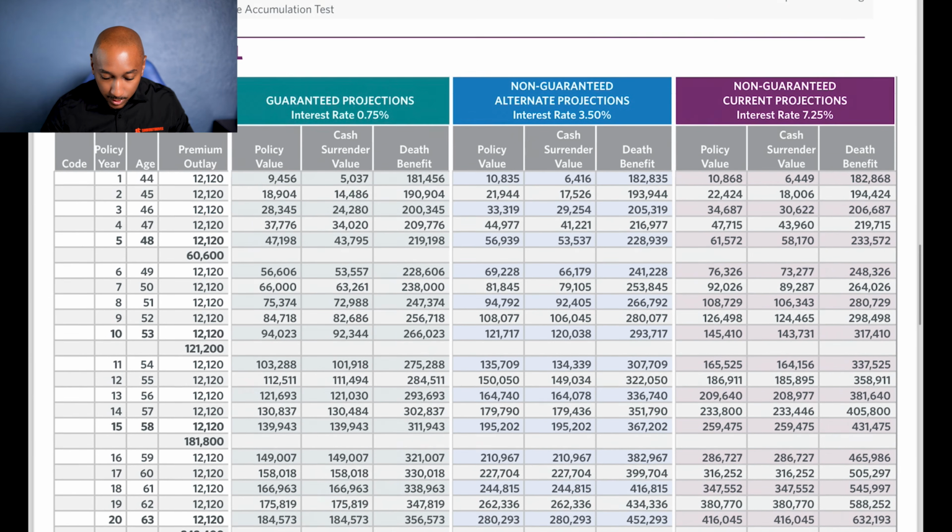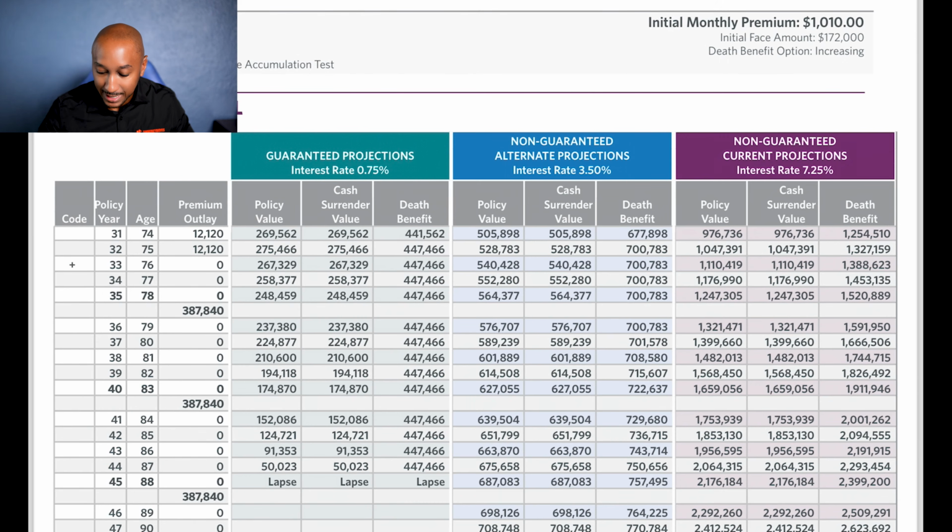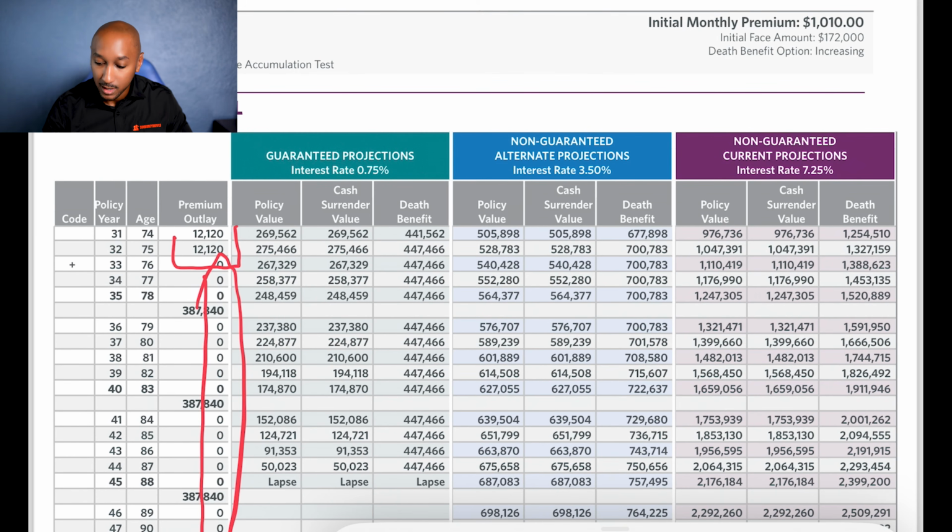Then we fast forward to later years. One thing I like to do is I like to show stopping your payments. So you see the 12,000 goes away and there's no more payments made after that point. But we see at that point there's $1 million in policy value and the equivalent amount in your cash surrender value. And that policy at that point is internally paying for itself and still able to grow and compound nonstop, right?